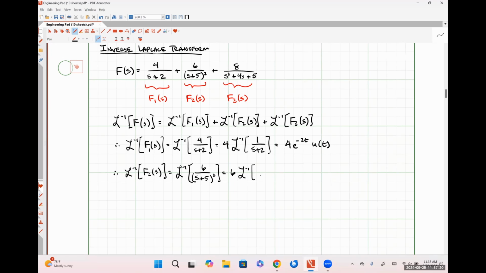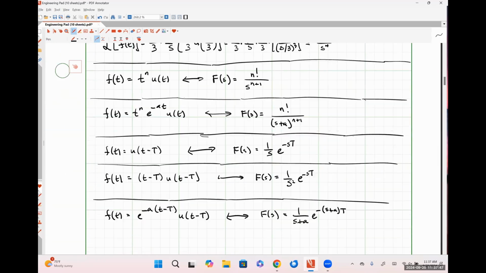Inverse Laplace transform of 1 over s plus 5 quantity squared. So what do you guys think? t e to the negative 5t u of t multiplied by a factor of 6, right?